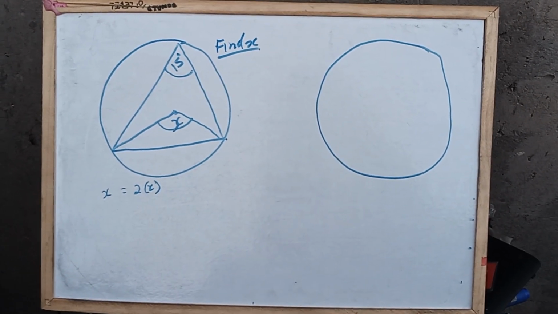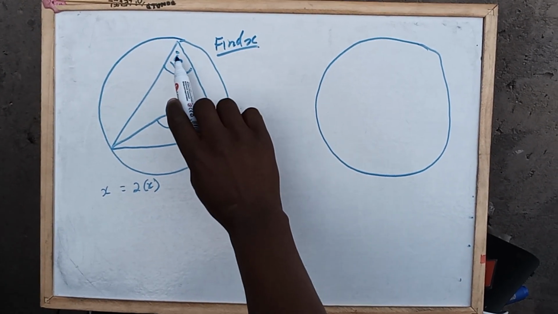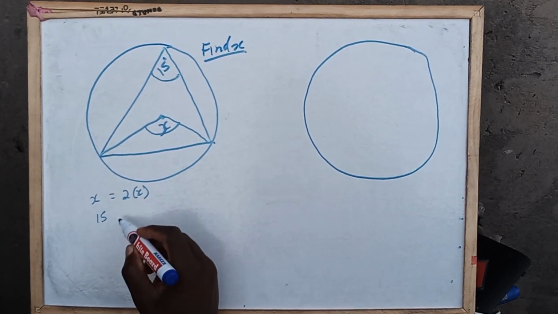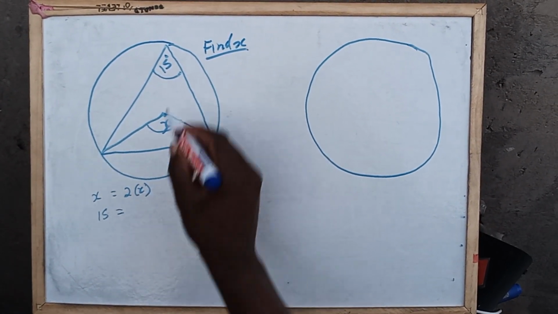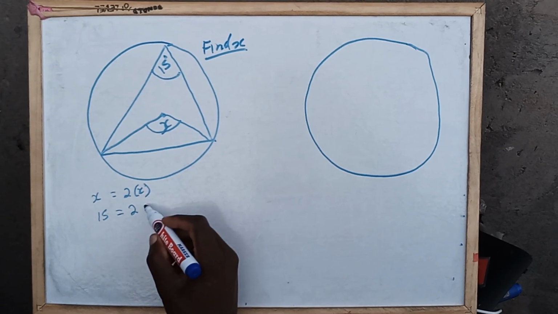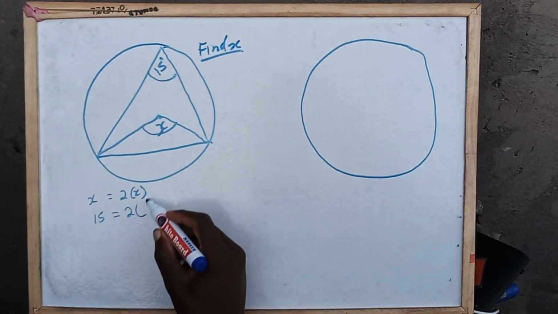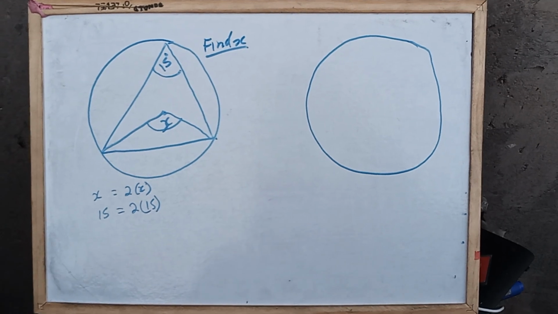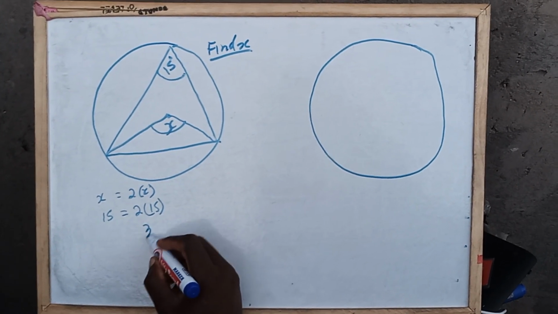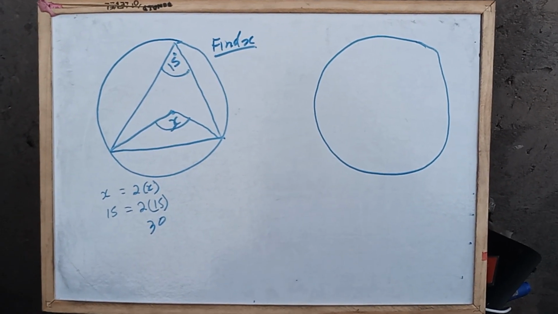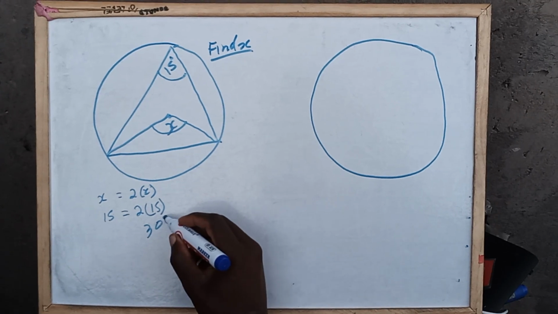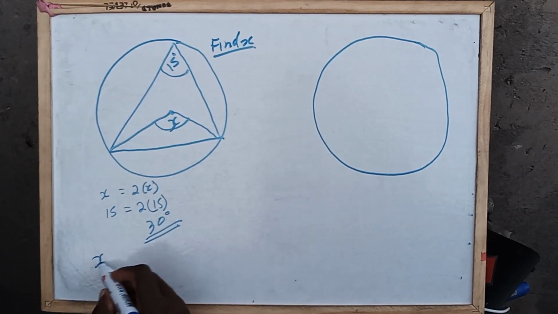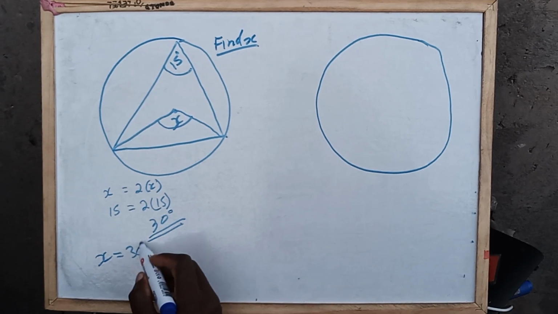So in this case, at the circumference, we have 15, and this 15 must be twice at the center. So we need to multiply 15 by 2 to get 30. 15 times 2 is 30, and 30 is the angle at the center, which means our x is equal to 30.